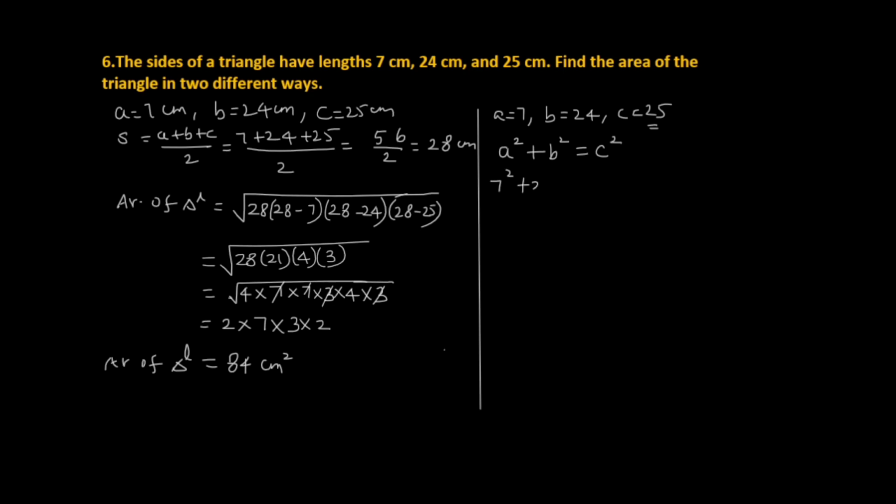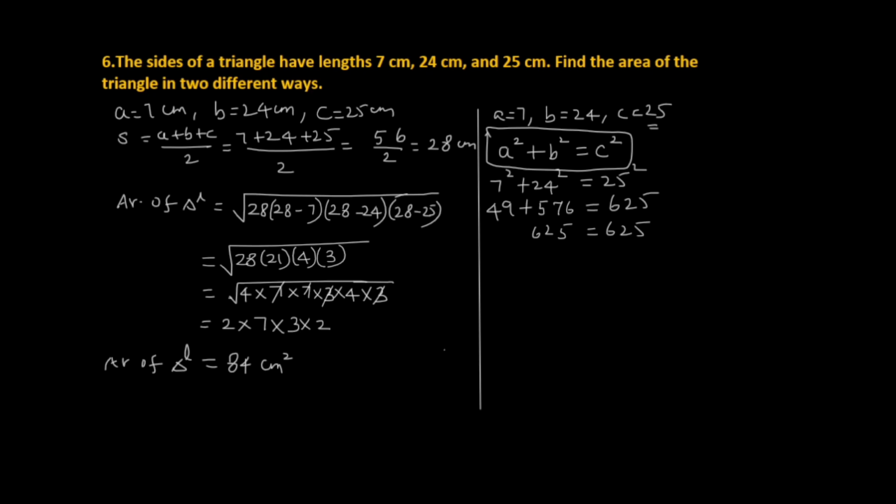7 squared plus 24 squared is equal to 25 squared. 7 squared is 49, 24 squared is 576, 25 squared is 625. So 625 is equal to 625. So A squared plus B squared is equal to C squared. So the three numbers are Pythagorean triplets.